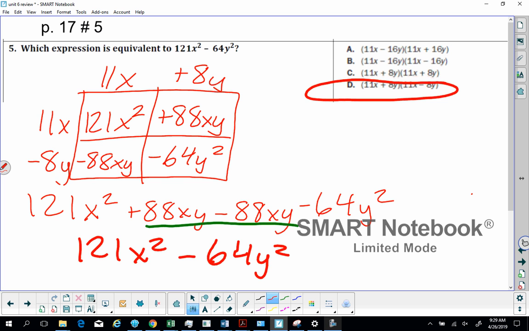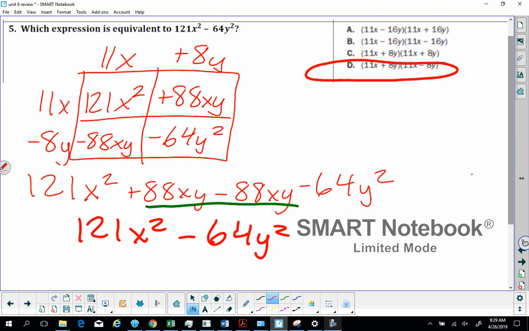So say if you wanted to do table twinsies for this one, you could do 121x squared minus 64 times 1 squared, and then for your answer choices, you also plug in 1 for y. Does that make sense, Terry? Does that make sense to everyone else? You just have to pick a number for y and then keep it consistent when you plug it in. But then table twinsies should work.